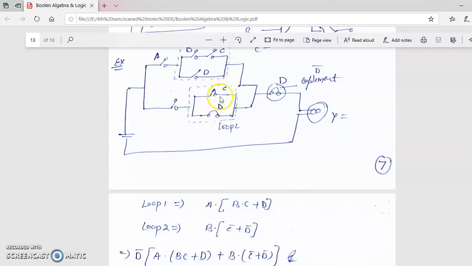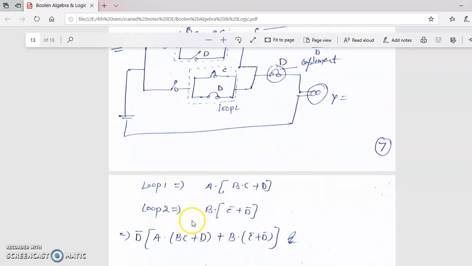Okay, but both are parallel, so that is the OR, that is C bar plus D bar, and both are in series with this B. So B dot (C bar plus D bar). Here B is missing, but it is B. Okay, and next the whole term is in series with the D. So we can write the total expression is, this is not D, this is D bar.